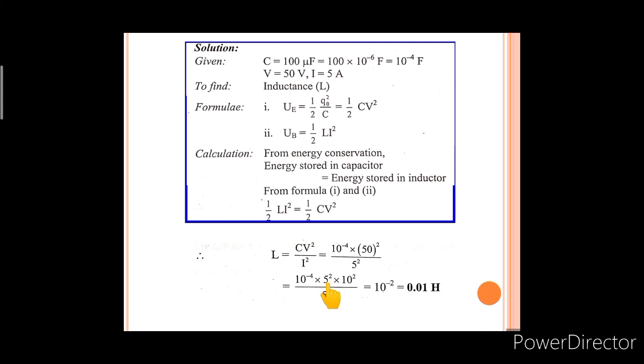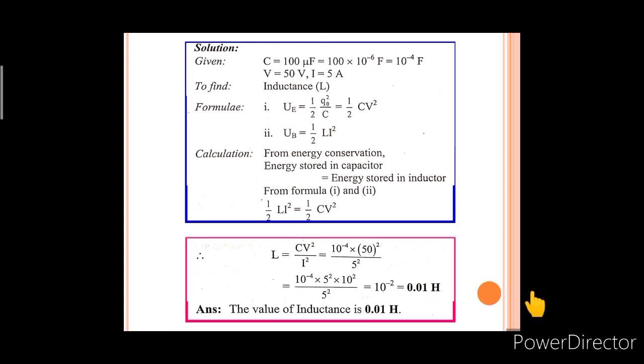So, this 5 square gets cancelled, remaining is 10 raised to minus 4 into 10 raised to 2, which gives the result as 10 raised to minus 2, which is to be written as 0.01. So, the value of L inductance we are getting as 0.01 Henry. And finally, we can give our answer as the value of the inductance is 0.01 Henry.